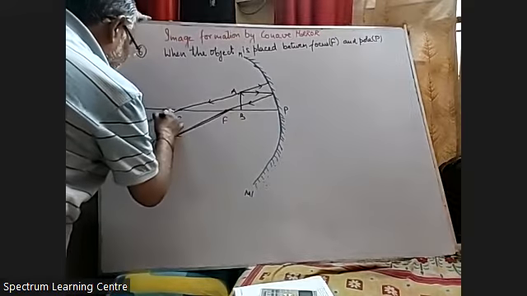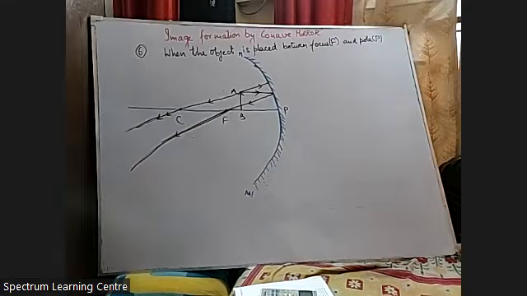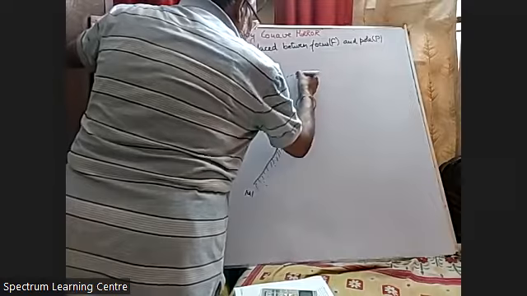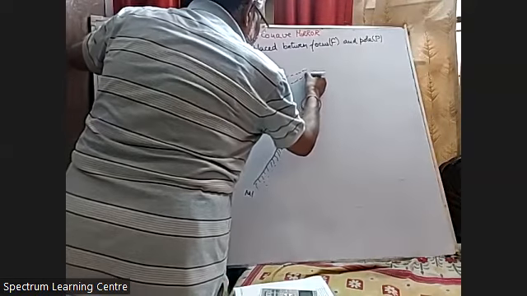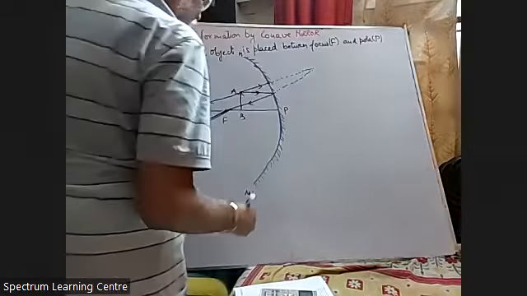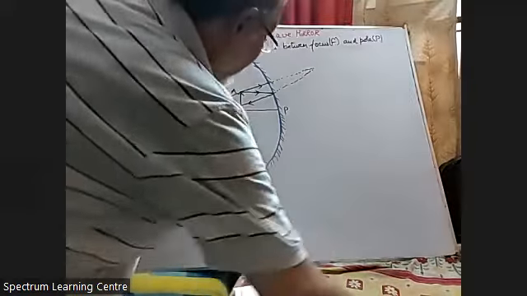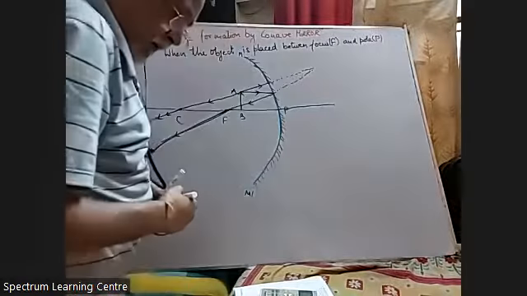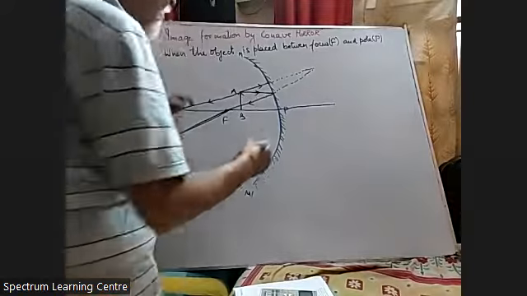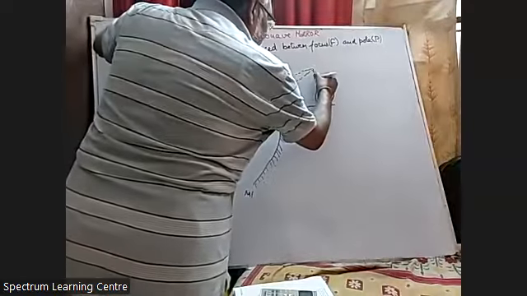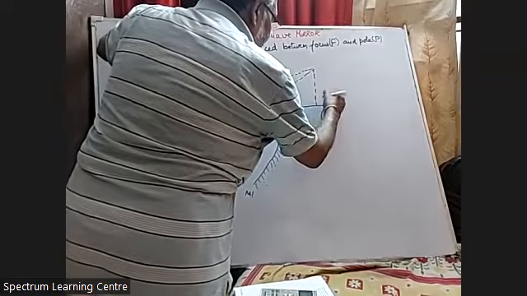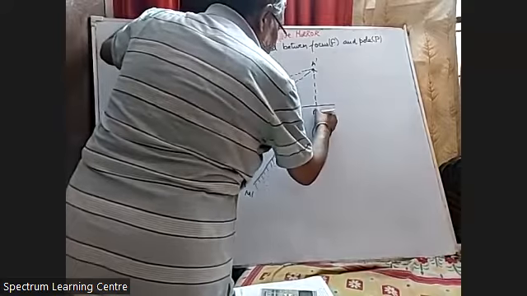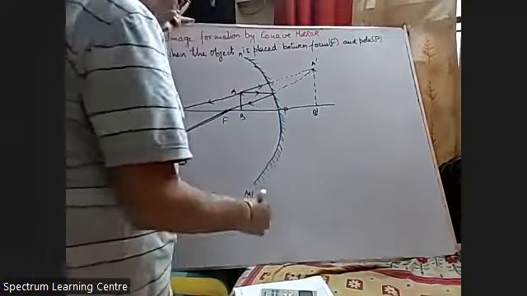Reflected rays are diverging in nature, right? So this will appear to meet at some point behind the mirror. So I'll have to extend my principal axis up to this, right? So this is a virtual image A dash B dash formed.